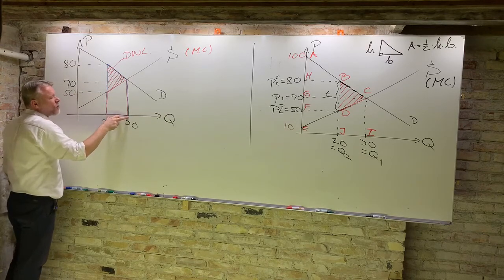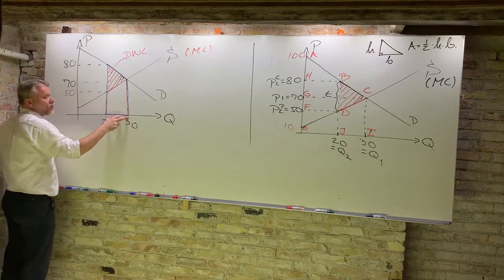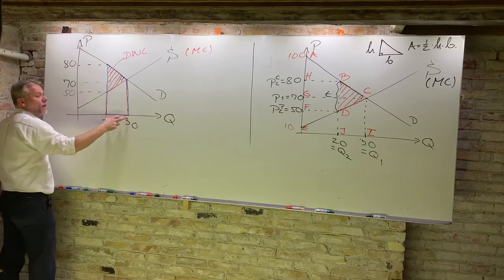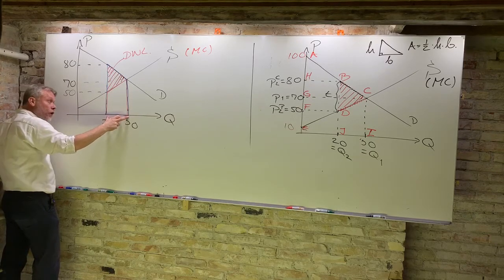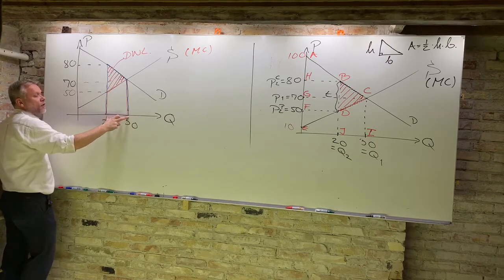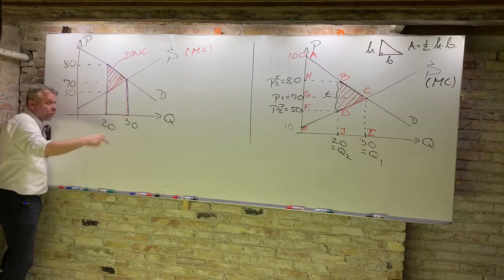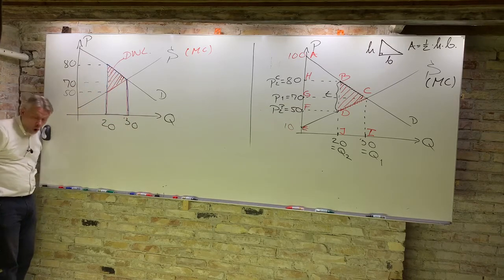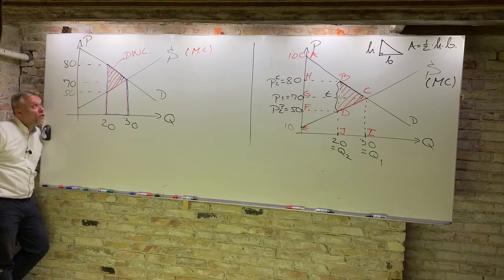At the same time, firms save cost corresponding to the red area. But since firms save fewer costs than the value which consumers have lost, then society as a whole, society consisting of consumers and producers, has experienced a welfare loss. And that concludes both the question and the exercise.